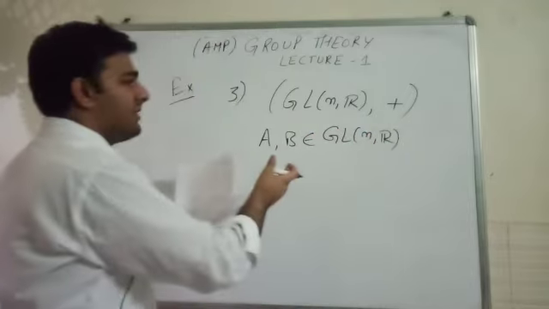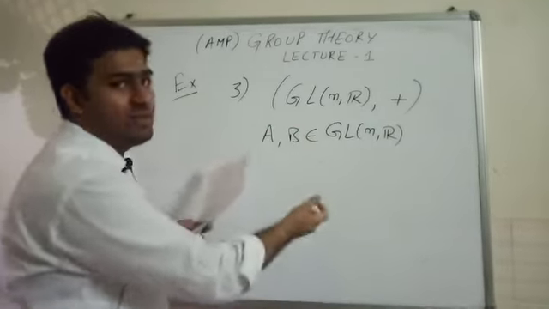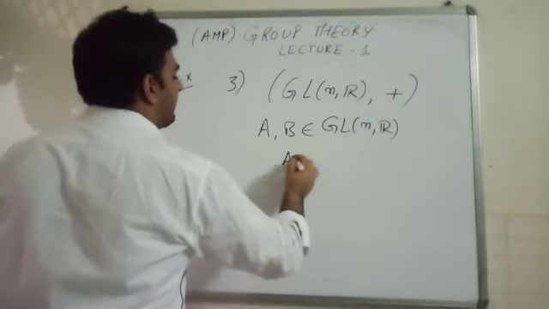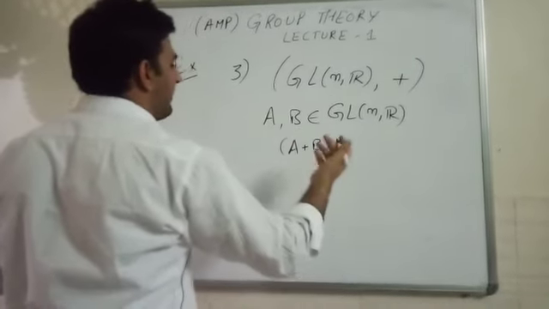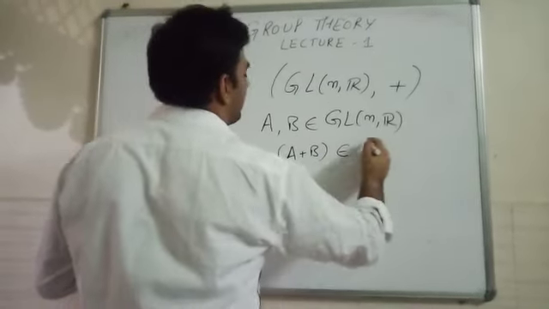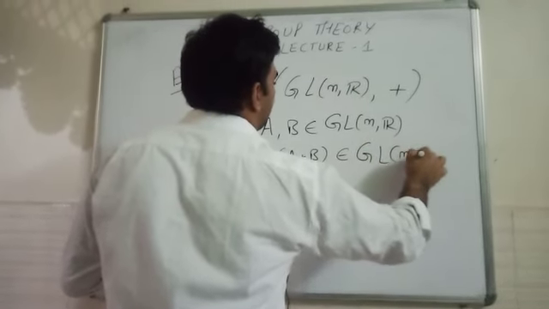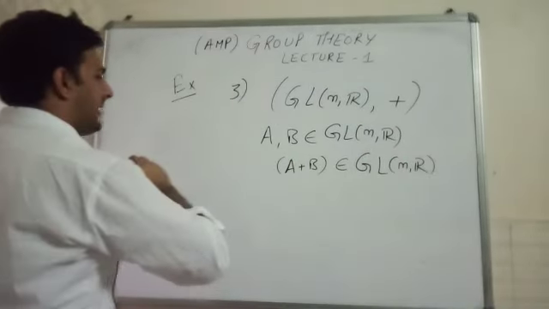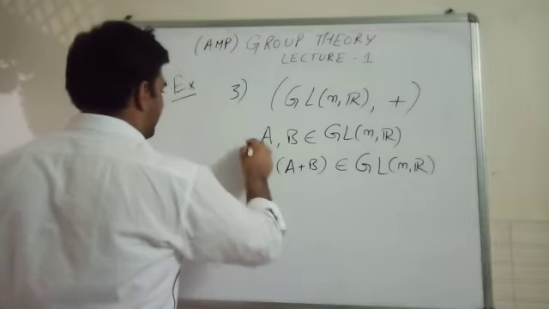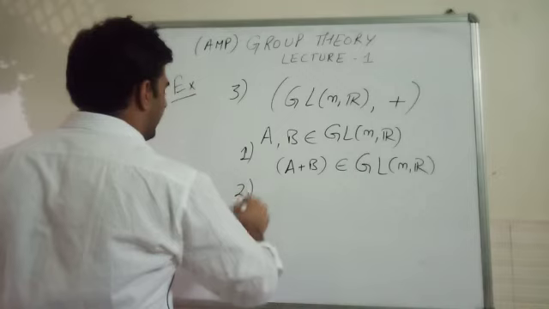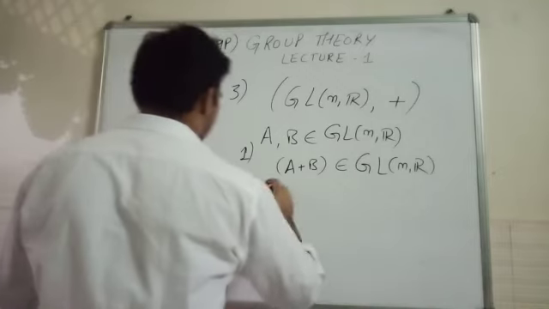We can add them because they both have the same order. So A plus B will also be an n cross n matrix, so it will also belong to this group. That was the first, it satisfies the closure property, and the second is the associativity.